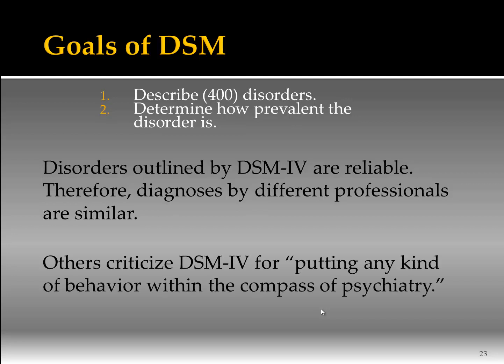The other side of this is that people criticize the DSM for putting any kind of behavior within the compass of psychiatry. I mean, almost anything you do can be considered deviant, stressful, or dysfunctional. And people say there's just too much in here that almost anything you could do could be interpreted under one of these 400 disorders as being dysfunctional behavior.